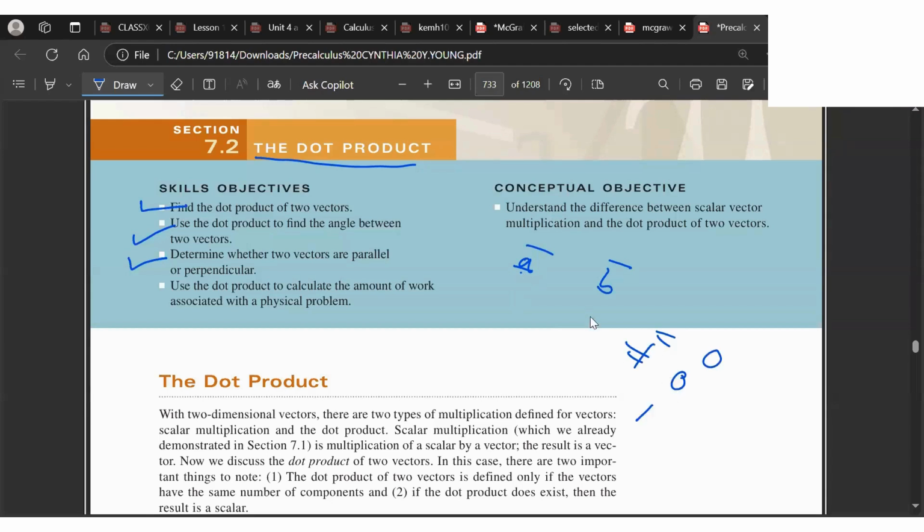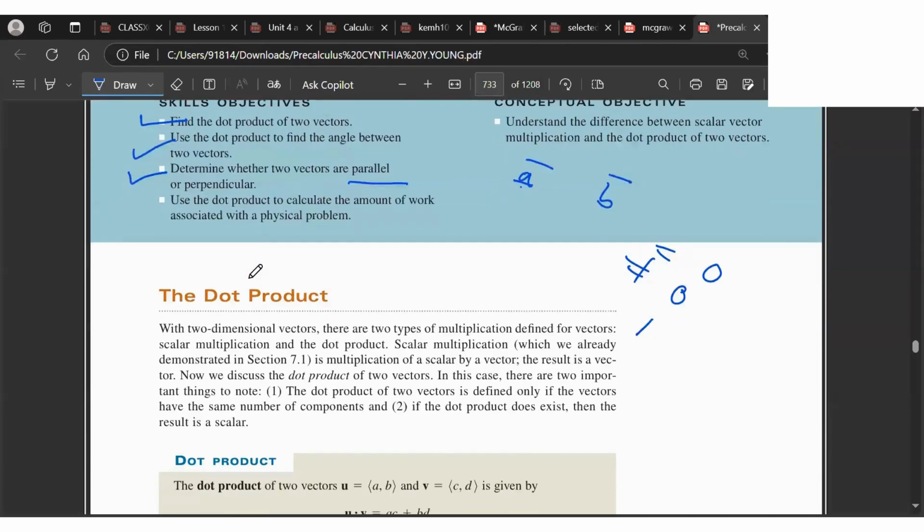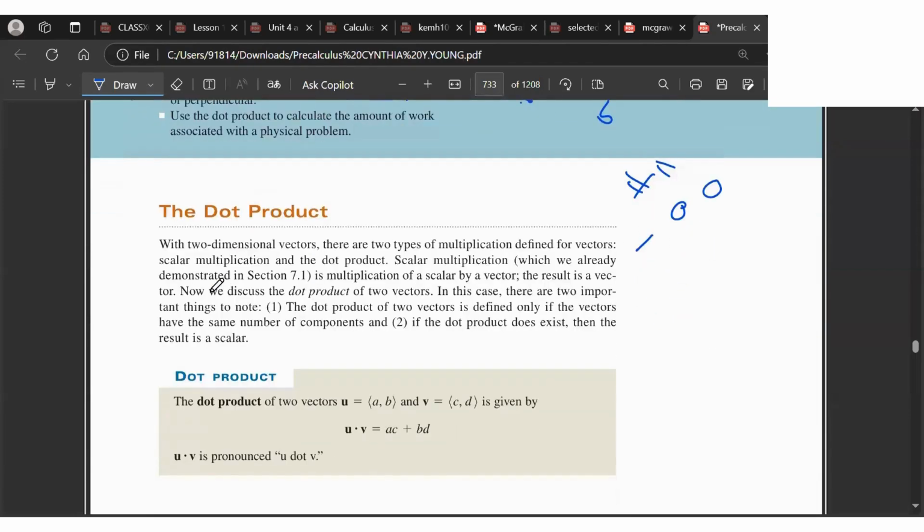If we get a specific value that aligns with our rules, we can say the vectors are parallel. And from that we can analyze so many things. So we have many different uses of dot products and we'll see that further. Firstly, we'll see what the dot product is and how we can do it.